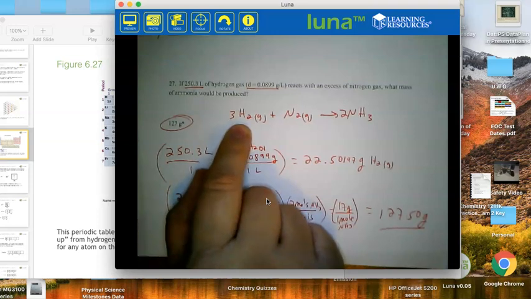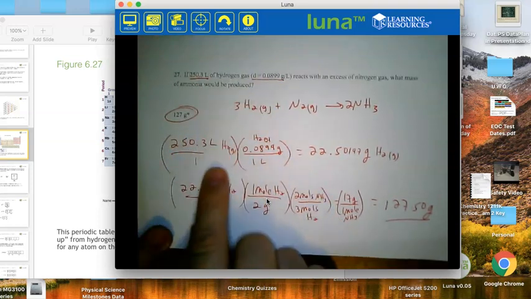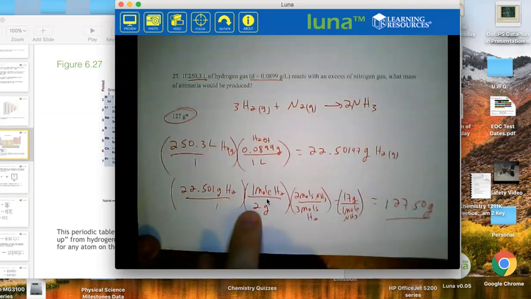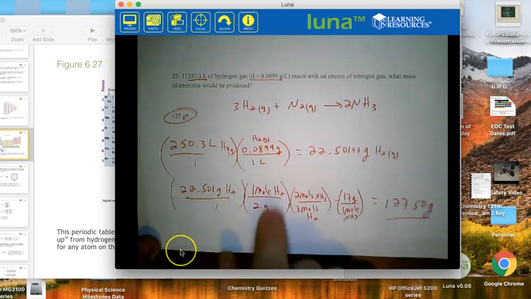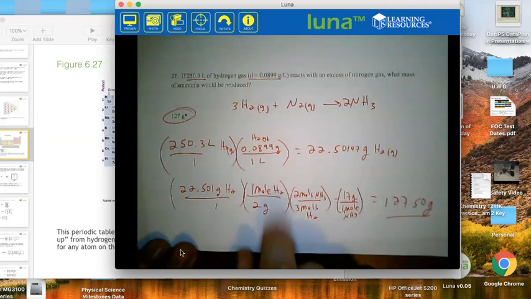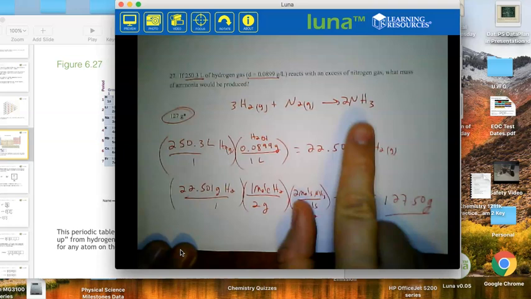All right, so when I take my volume and multiply it by my density, that's going to give me the mass of hydrogen I'm starting out with. I do that as a first step. And then I take the mass and convert that to moles using the molar mass of hydrogen, which is 2 grams per mole, right? Because hydrogen is 1 gram per mole for each atom, and there's 2 of them. And then I use my molar ratio. So I look here, for every 3 moles of hydrogen gas, I can produce 2 moles of ammonia.